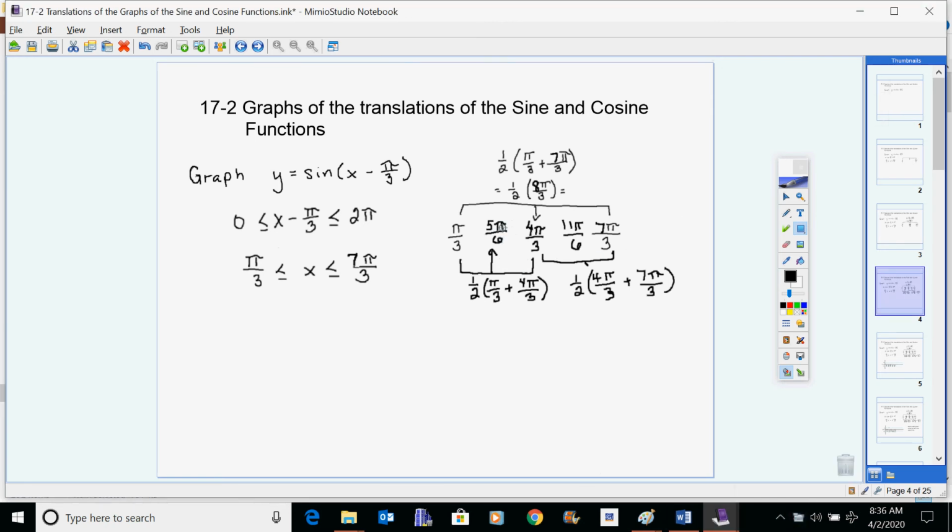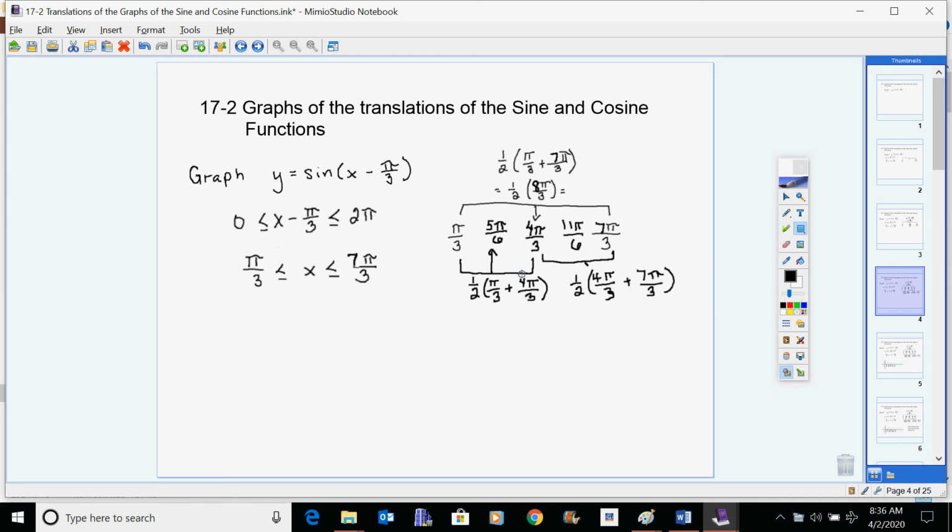It's really going up by 3 pi over 6, because 5 pi over 6 is now going to 8 pi over 6. So that would give you a 3 pi over 6 that it's going up by: 8, 9, 10, 11 pi over 6, 12, 13, 14 pi over 6, which reduces to 7 pi over 3, which is another method that sometimes people will use to find out how far the gap is, how far it's going up by.